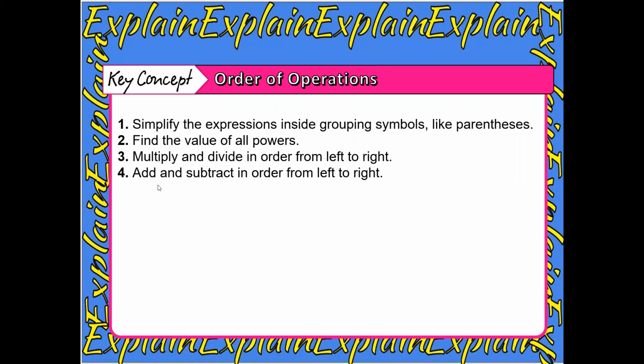Adding and subtracting have the same amount of power, so you don't have to add before you subtract. Whichever way the number expression is written, you do it in order from left to right.